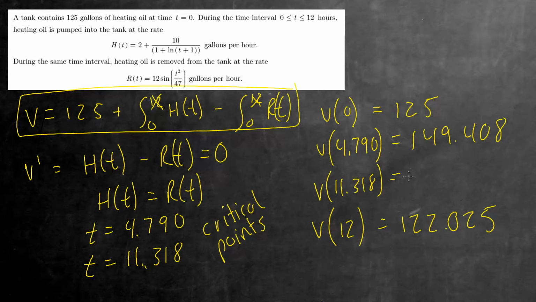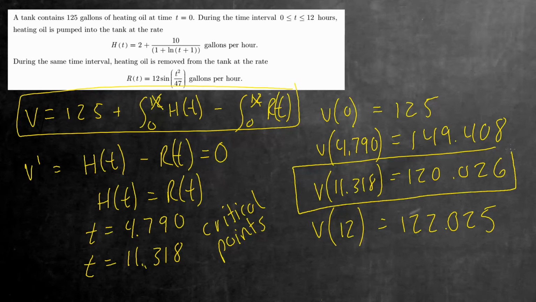And at 11.318, 120.026. So we finish the problem by saying the volume is the least at time 11.318. And were we talking about hours?